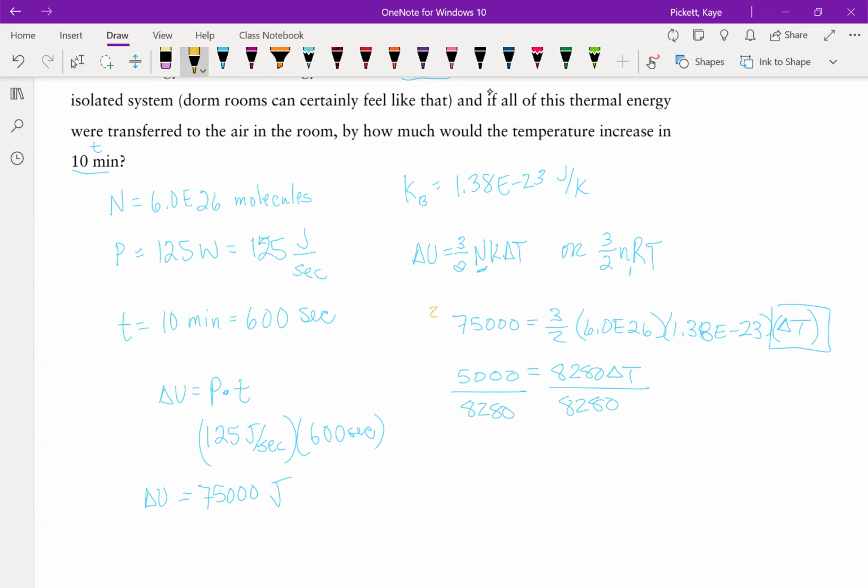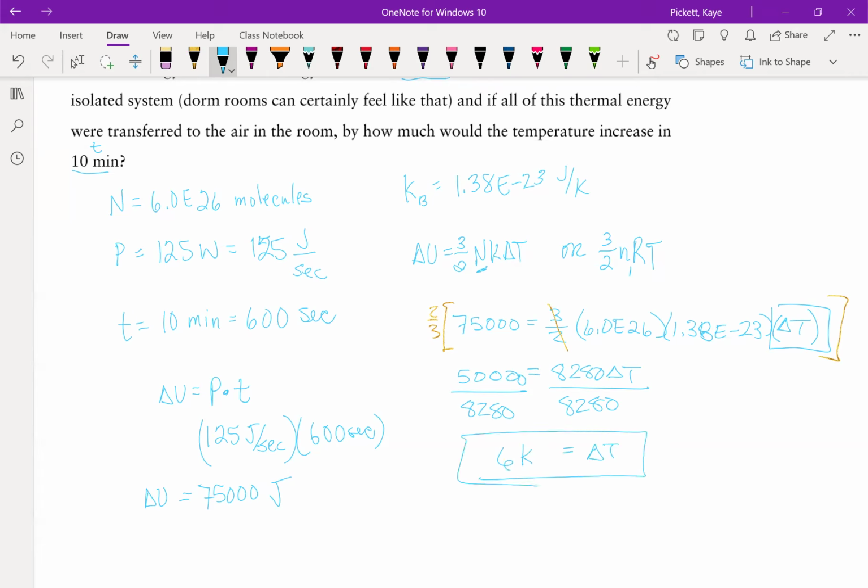I multiplied both sides by 2/3. That canceled, and I'm left with 50,000. And so you wind up with a delta T of 6 Kelvin.